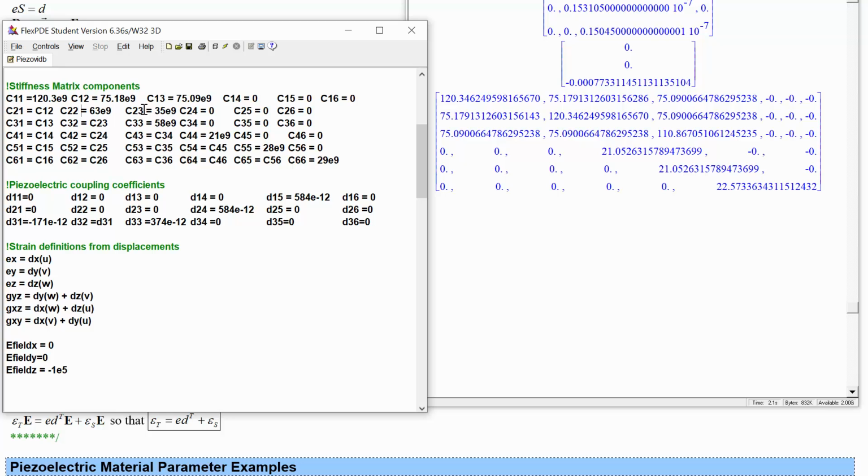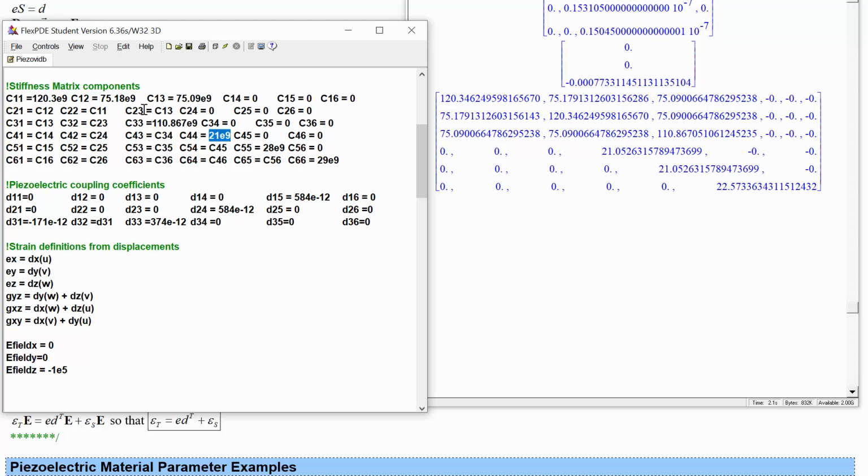Okay, next unique entry, 120. Again, this is going to be C11. And then here we've got C13, 110.867 E9. C34 is 0 and all that.